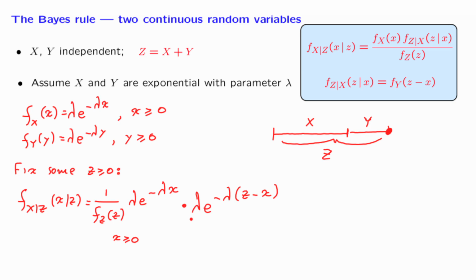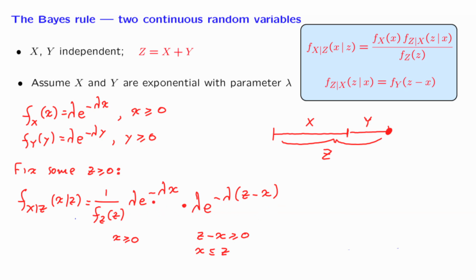And this expression here is valid when the density of y takes this form, when the argument is non-negative. The argument is z minus x. So this is valid when z minus x is non-negative, or what is the same, it's valid when x is less than or equal to z. So in this range, when x is non-negative and x is less than or equal to z, we have this expression.